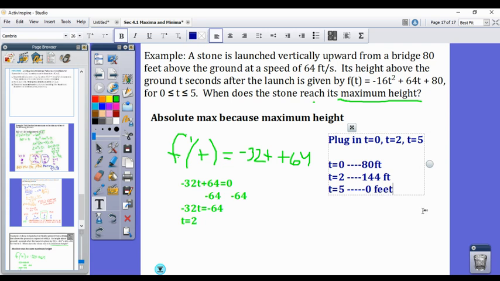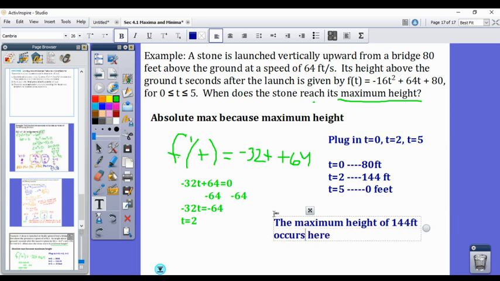All right, so the maximum height occurs at t equals 2, so 2 seconds. The maximum is 144 feet, and that's it. Done.